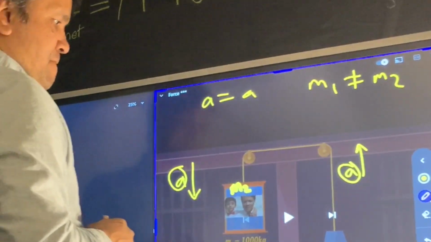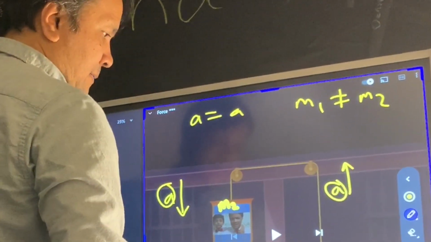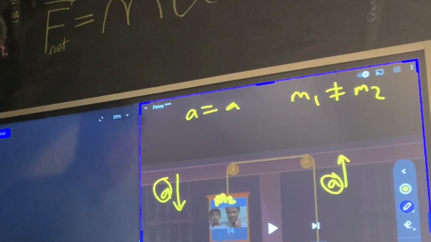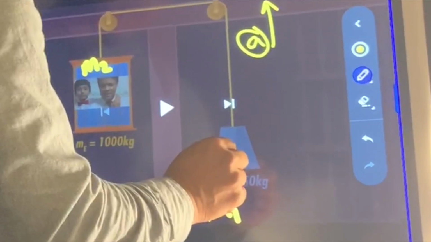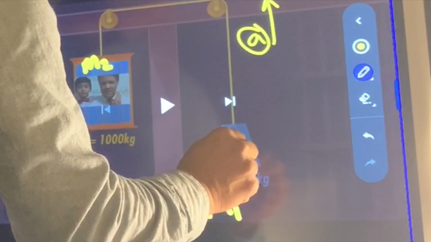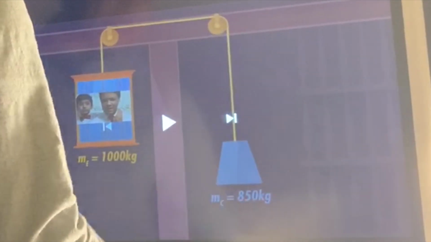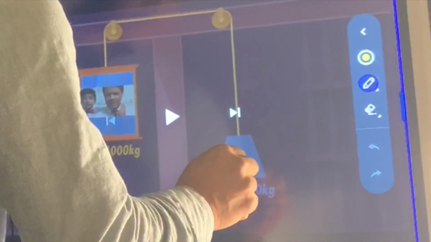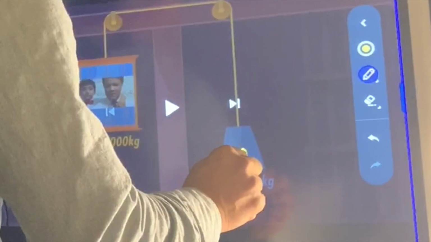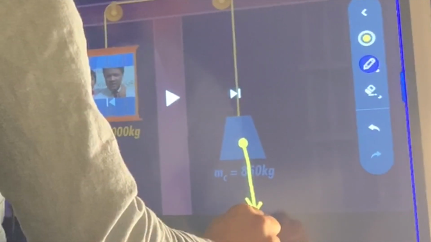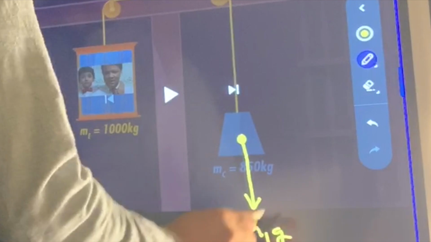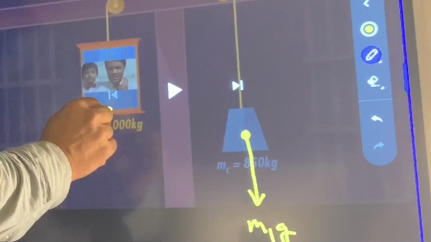All right. Now, how can we do the free body diagram? Let's do the free body diagram. We call it mass 1. We can erase this. We already established that fact. So this is M1G and this is M2G.